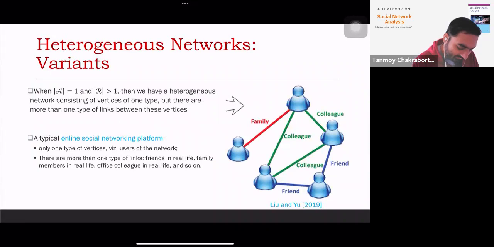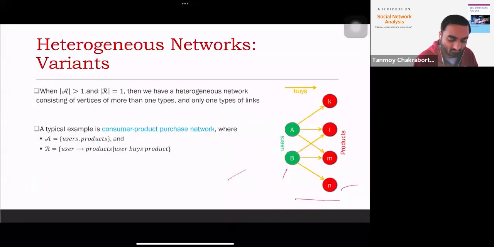This is again a link heterogeneous network. Nodes are all persons, individuals, and links are of different types of friends, whether family friend, colleague, or school friend, and so on and so forth. So this is link heterogeneous, and the earlier one was node heterogeneous.